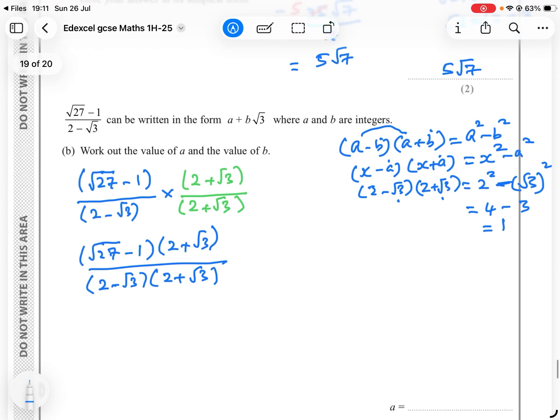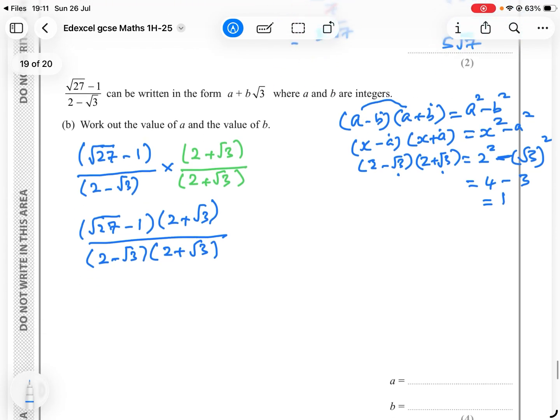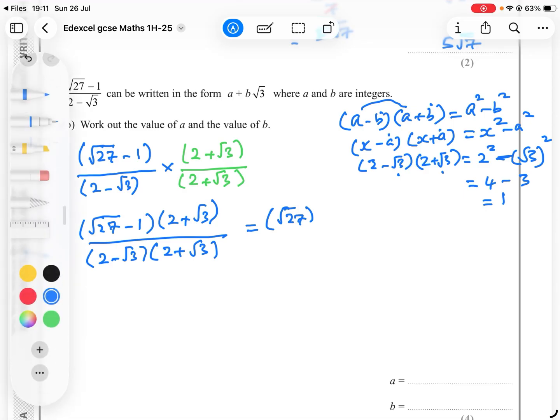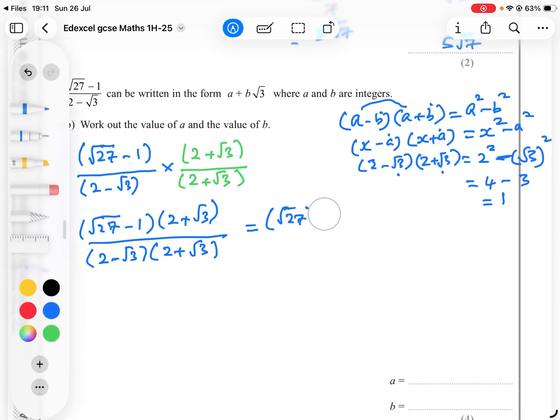So when you write this one now, on the top root 27 take away 1 times 2 plus root 3, divided by this one, your answer is 1.